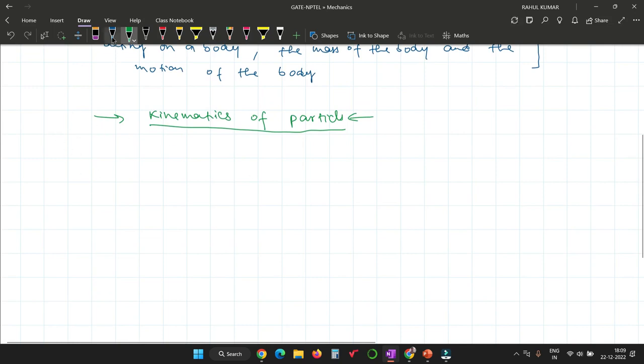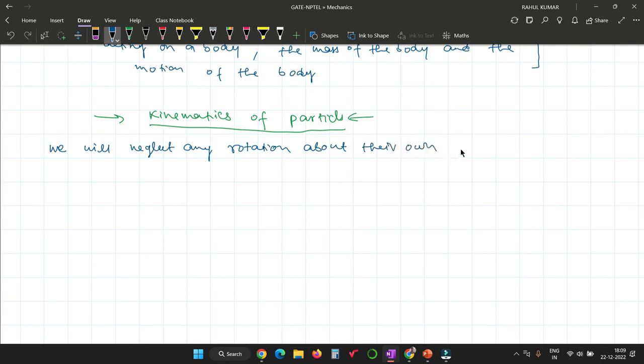So in this, we will neglect any rotation, okay, because I will talk about particle, okay, not rigid body. Any rotation about their center of mass.